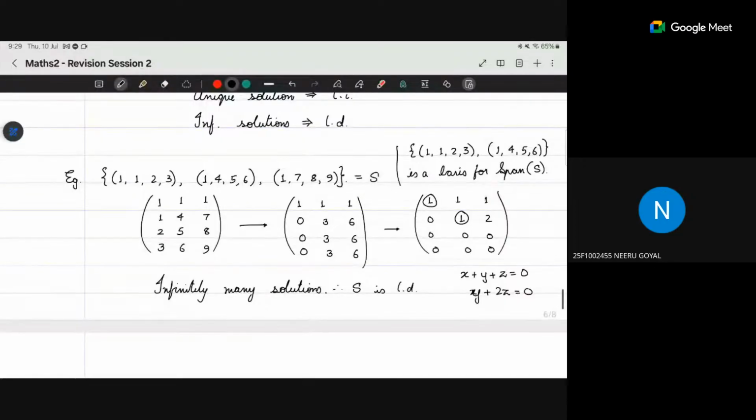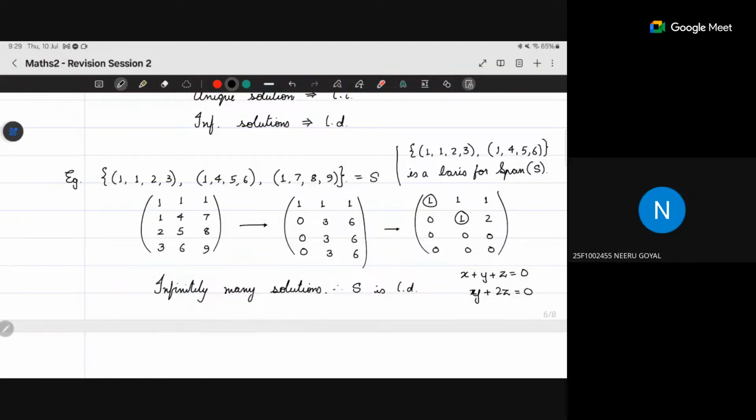A basis is a linearly independent spanning set, right? This one is linearly dependent, this example. So we don't define a basis for a spanning set. We define a basis for a vector space. And span S is a vector space, irrespective of what S is.